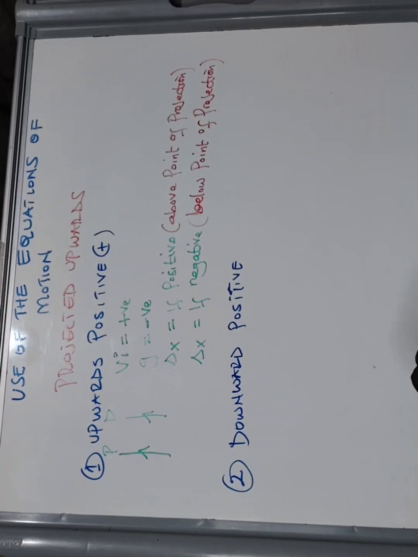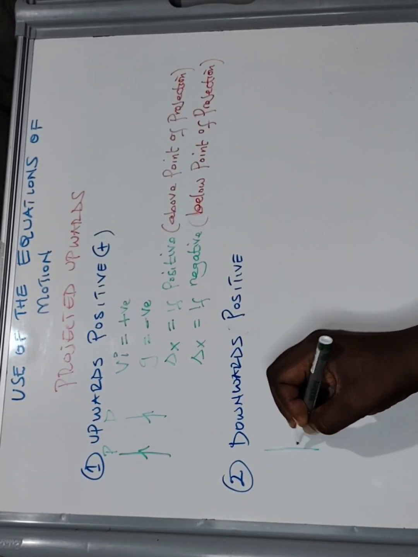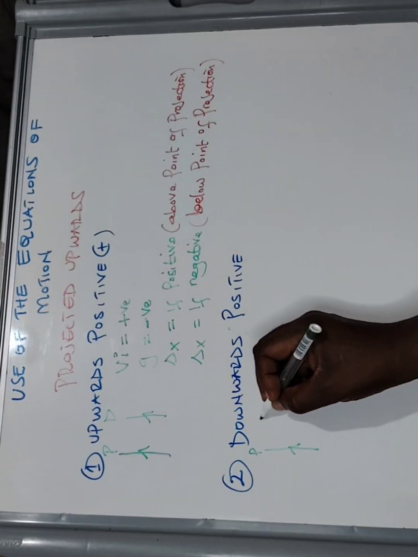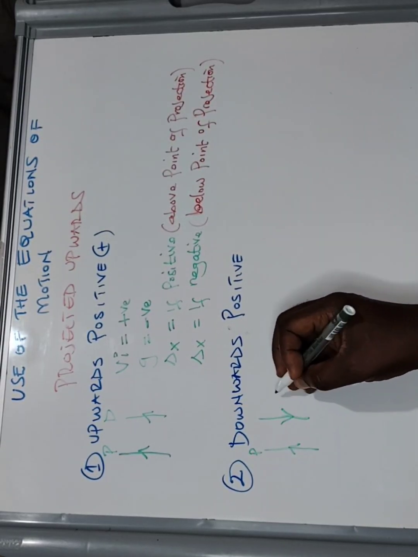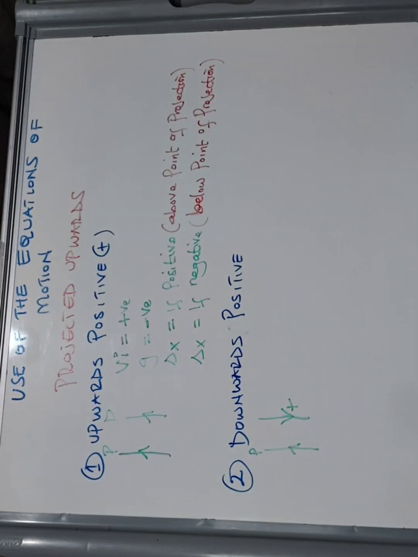First of all, what does that mean? First of all, it means that the body is projected upwards. This is projection. And it means that the direction we have taken, downward, is the one which is positive.